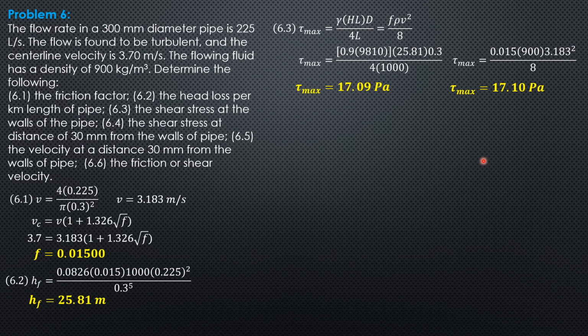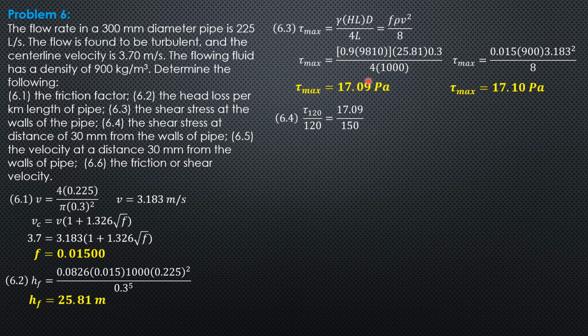Then the shear stress at the distance 30 mm from the walls of the pipe. Since R0 is 150, 150 minus 30 is 120, so that means the shear stress at 120 mm from the center line of the pipe. Since shear stress varies linearly from 0 to maximum at the walls of the pipe, shear stress at 120 is to 120 as tau max 17.09 is to 150.